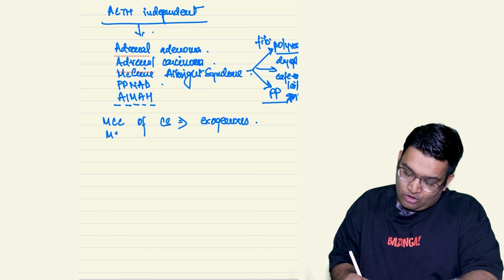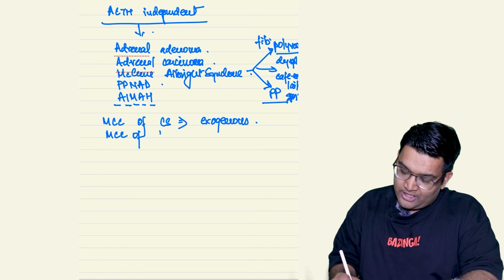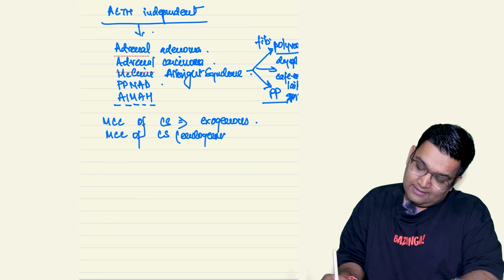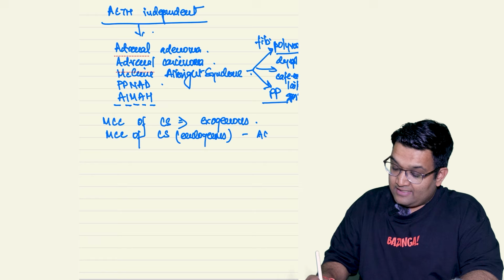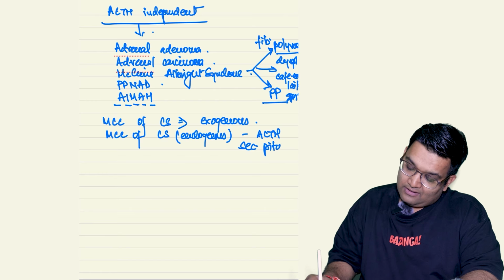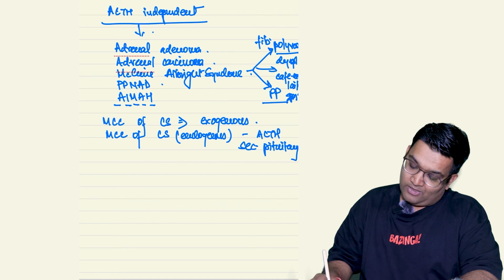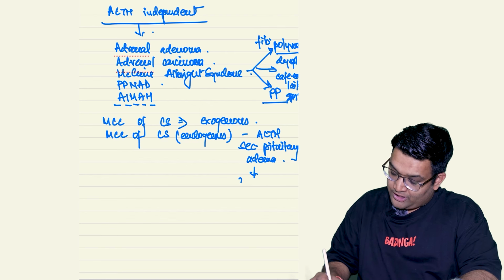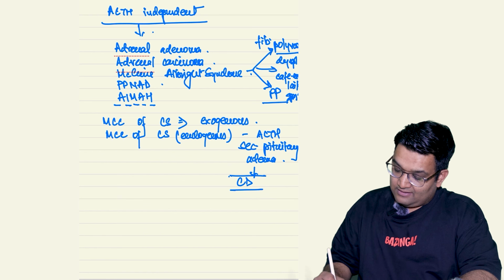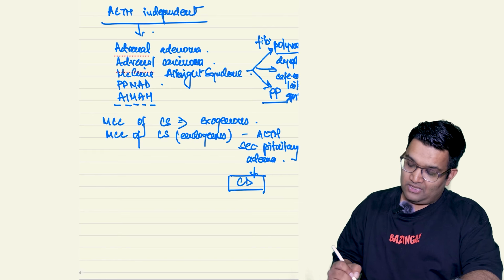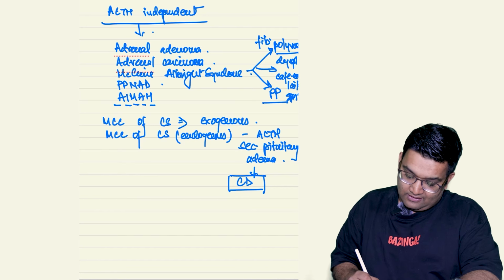The most common cause of Cushing's syndrome which is endogenous is ACTH secreting pituitary adenoma. This is also known as Cushing's disease. So the pituitary cause of Cushing's is known as Cushing's disease.